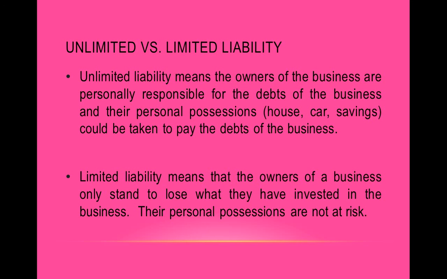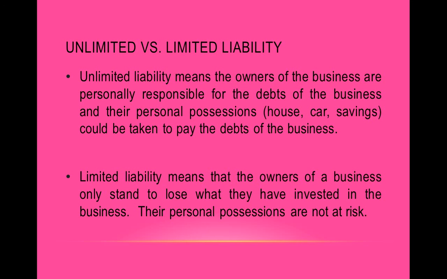So, we've looked at why a business might need finance, internal and external sources of finance, and we've discussed appropriate sources of finance for a sole trader and a private or public limited company. And we've mentioned here at the end the difference between unlimited and limited liability. So you just need to keep clear that unlimited liability means that you are personally responsible for the debts of the business.